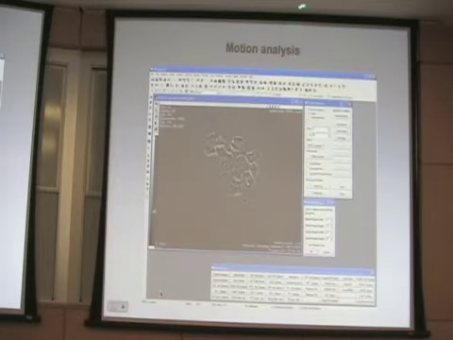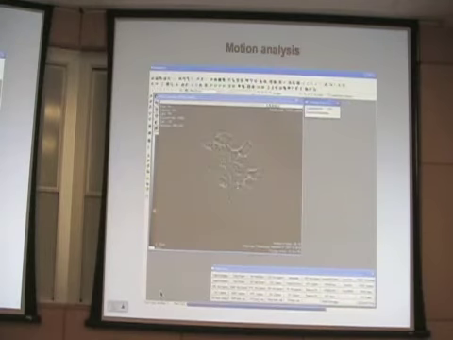So the next step is, when we've collected the data with one of these systems, then we transferred them into Metamorph for further motion analysis. What we have used is the track objects tool, which allows you to place rectangular regions in the area of interest, and over time you can follow the tracking process.